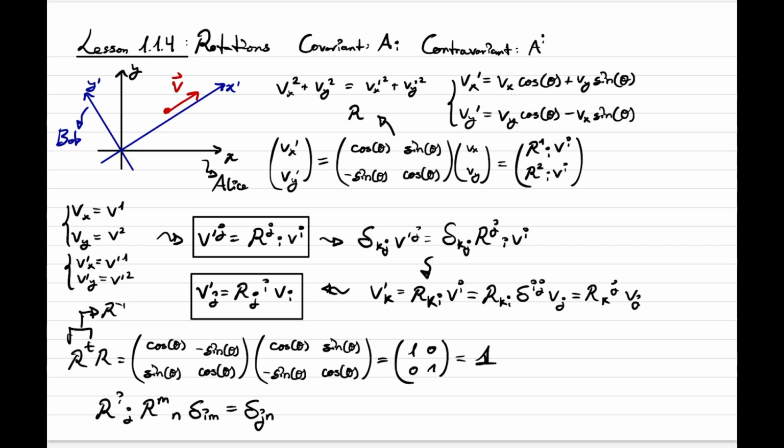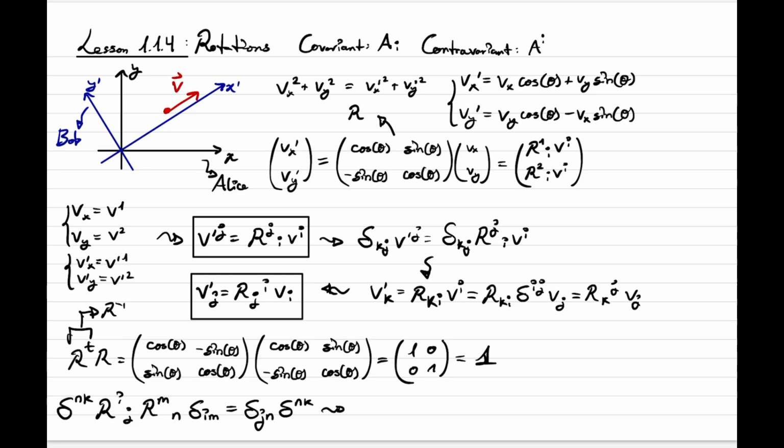Note that we have written j and n because i and m are dummy indices, so the only free indices are j and n. Now we may multiply both sides, for example, by delta nk, and we arrive at a very important result.